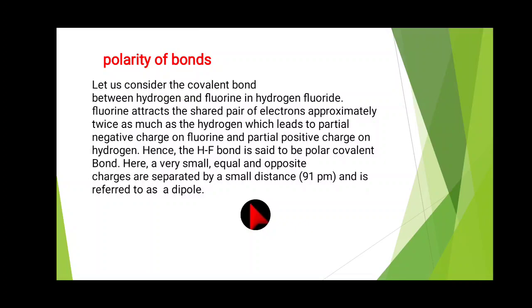Here, very small equal and opposite charges are separated by a small distance, 91 pm, picometer, which is referred to as the dipole, right? That is called polarity of bond. So in a molecule, which one carries a negative and which one carries a positive, we have to find it regarding electronegativity, right?